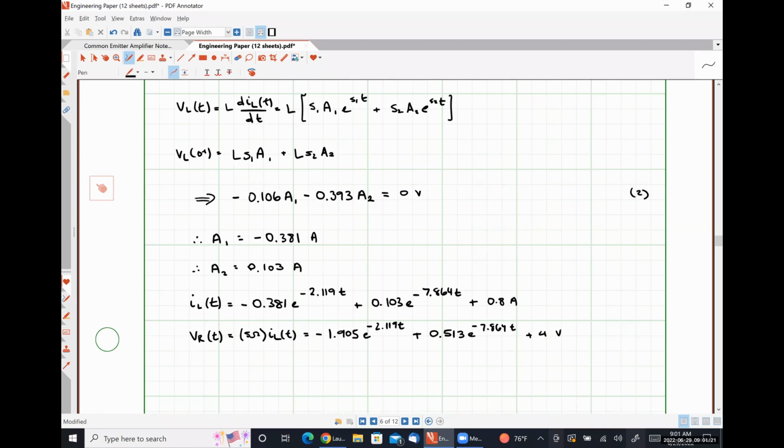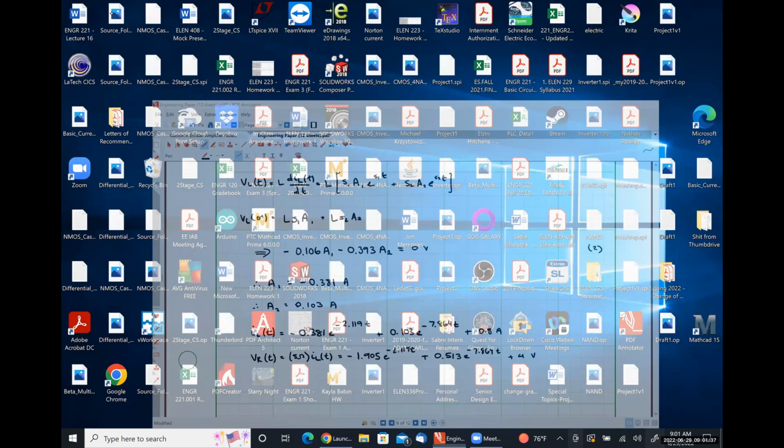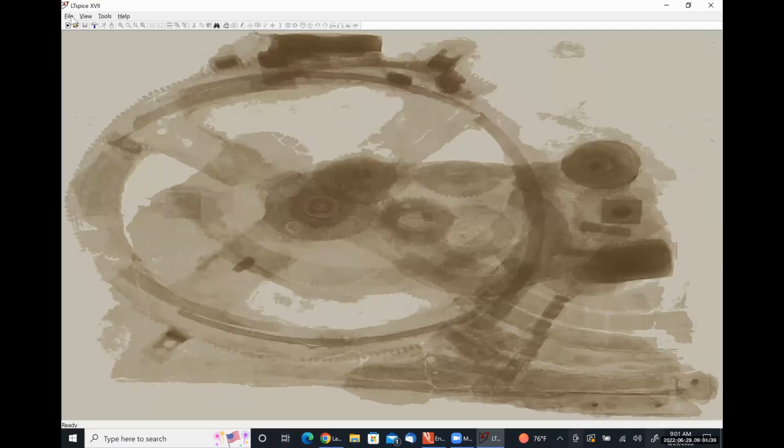Now, simulate our results. All right, so here's my resistor.